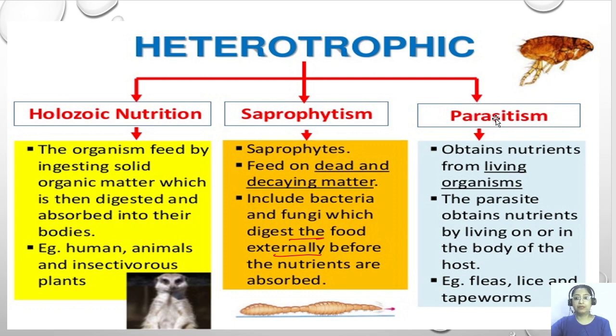First, let's discuss the parasitic mode of nutrition. So in this mode of nutrition, the organisms are depending on living organisms. So basically, they are absorbing the nutrition from other living organisms.